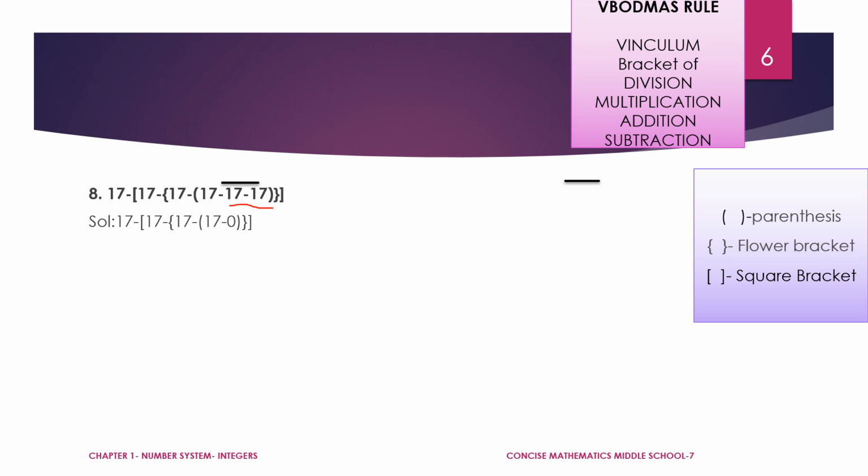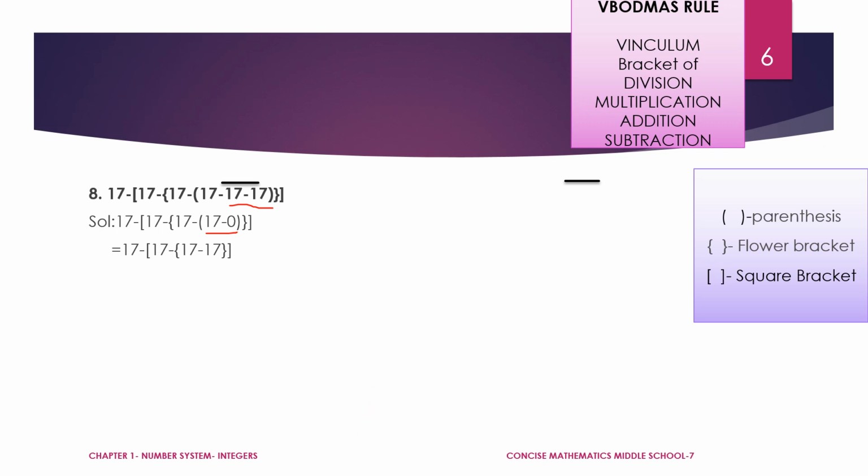Next, what we have to do is check for the bracket. Yes, you have some integers, that is minus 17 minus 0 is 17, right? So you can write it as it is. Now, after the parenthesis, check for the flower braces. Do you have any flower braces?